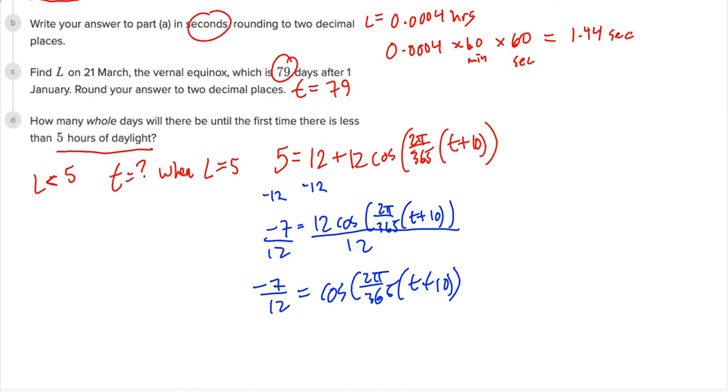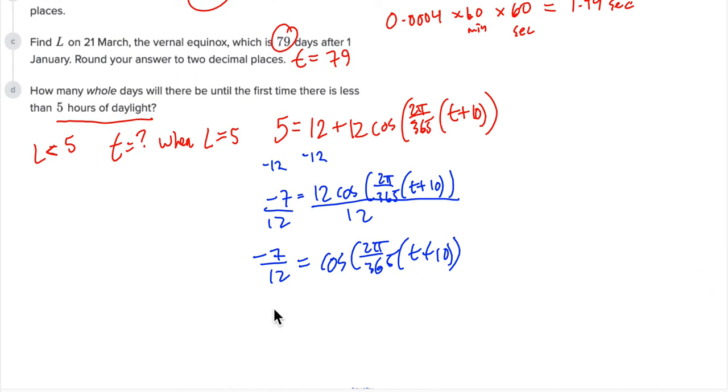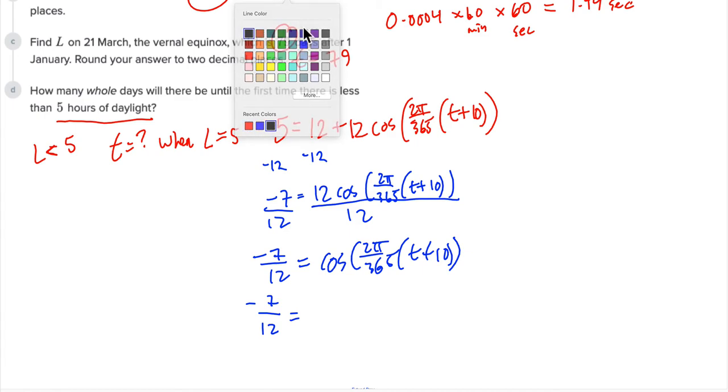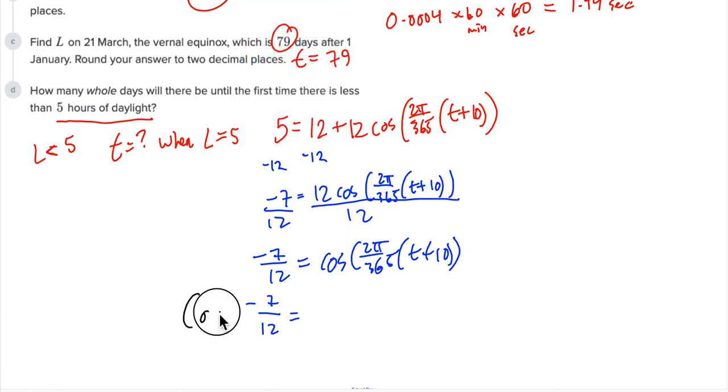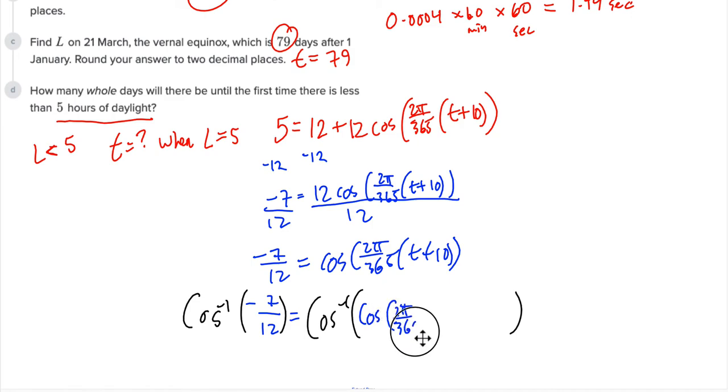Now you see we're getting smaller and smaller, just using our algebra. Next, we want to move that cosine over. So watch what I do here. We're going to take the inverse cosine of both sides: the inverse cosine of negative 7 over 12 equals the inverse cosine of cosine of 2 pi over 365 times T plus 10.